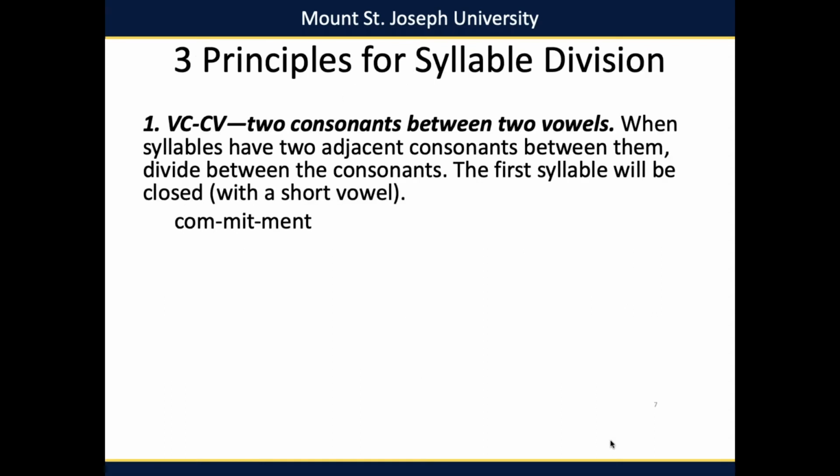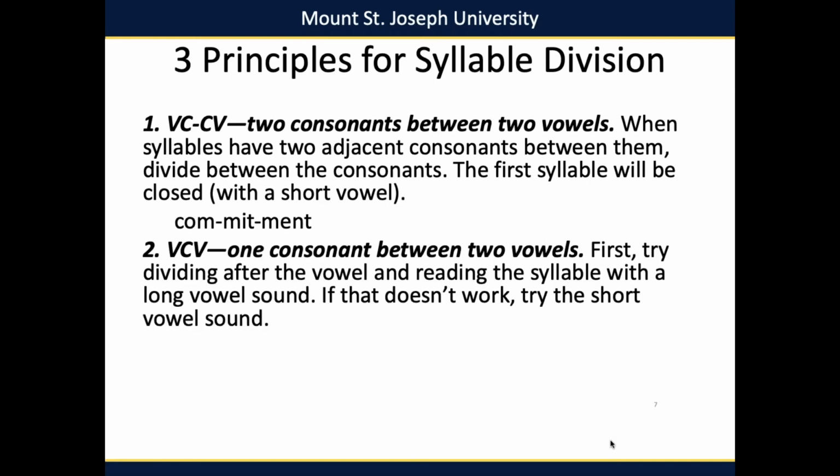Written syllable division is different than spoken syllable division. When syllables have two adjacent consonants between them, we would divide between the consonants. The first syllable will be closed with a short vowel sound. In VCV patterns, one consonant between two vowels, first try dividing after the vowel and reading the syllable with the long vowel sound.